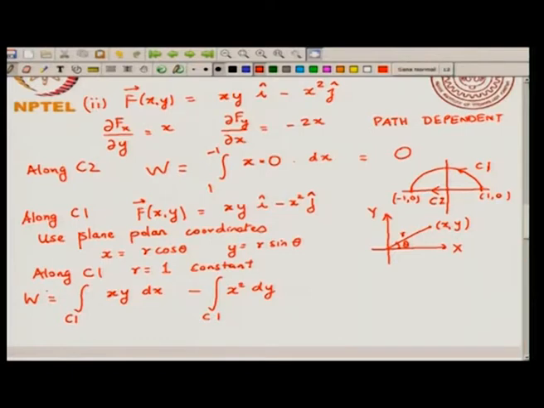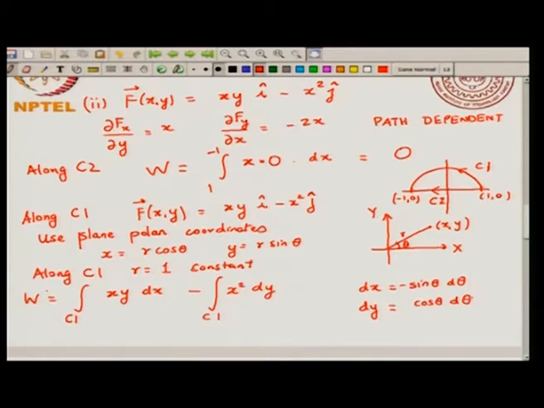Now since x is r cos theta and r is fixed, I can write dx equal to minus sin theta d theta, and dy is equal to cos theta d theta.